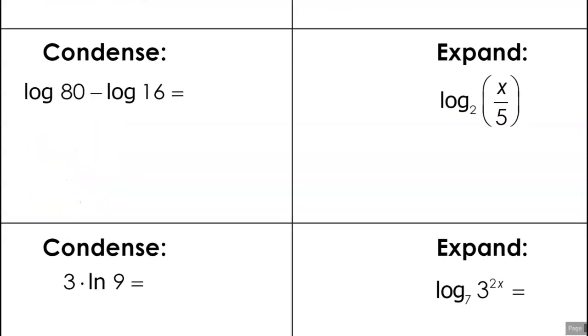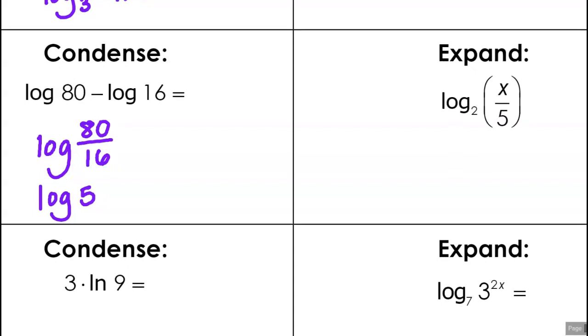And now we're going to expand. Right now we have an argument that is a quotient, a number over a number. We can expand this into two logs by subtracting those logs, with the log of the numerator first minus the log of the denominator.